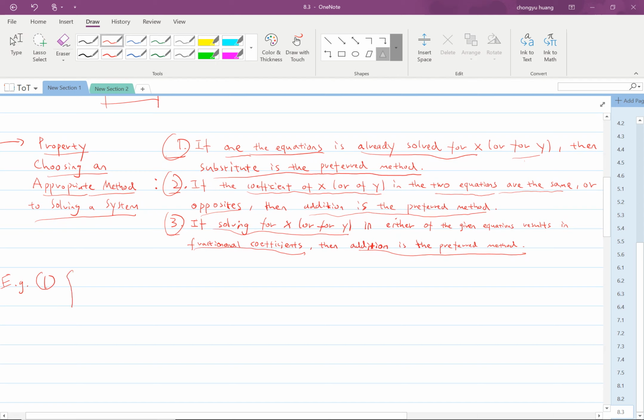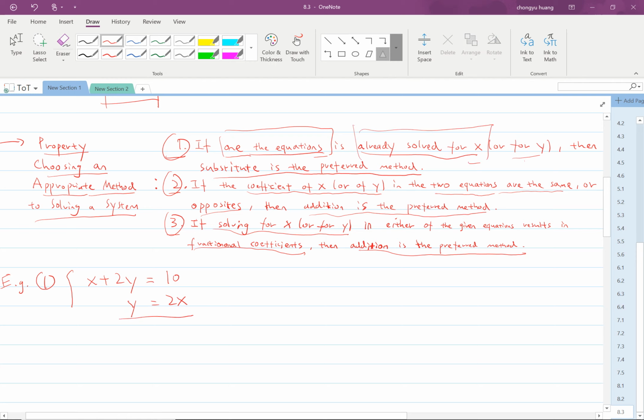Suppose you have something like x plus 2y is equal to maybe 10, and then something like y is equal to 2x. So you have equations like this. Let me repeat: the first one says one equation is already solved for x or y.